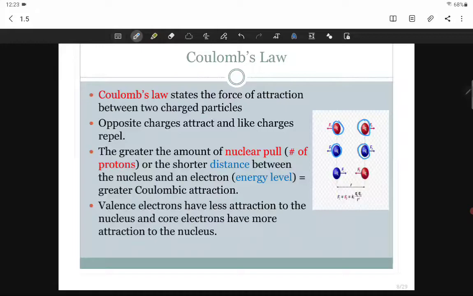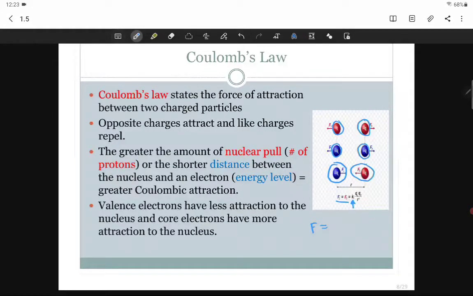So that's not really what we're going to talk about with Coulomb's law. We're going to talk about the attraction of positives and negatives. And this attraction is governed for us, we'll call it F, force. Sometimes we'll call it by different letters, but we can call it force because that's what these guys called it here.